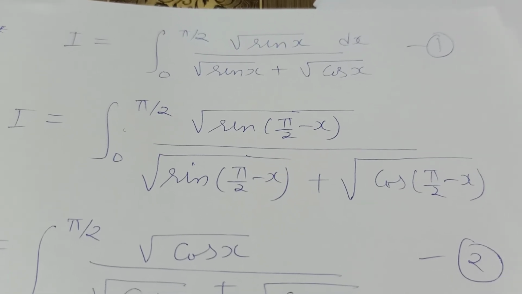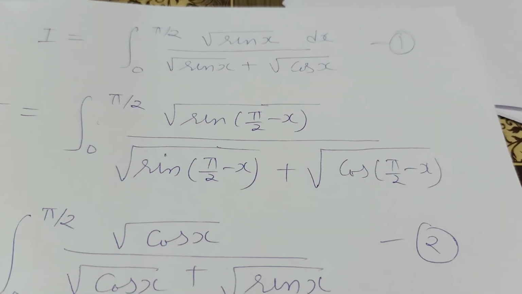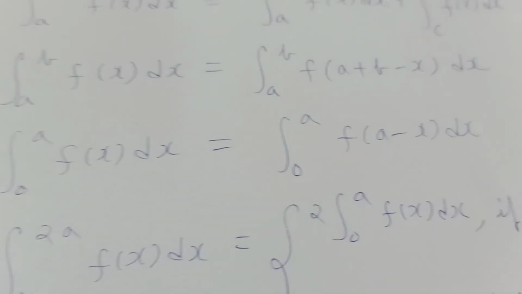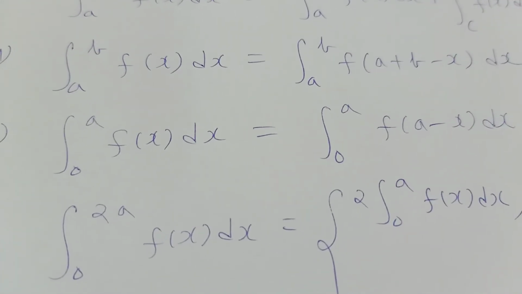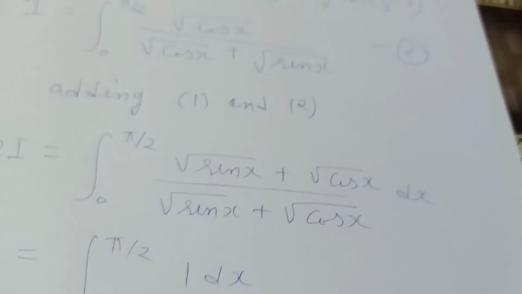So we will use our property, the fifth property that we discussed earlier. That is, the integral from 0 to a of f(x) dx equals the integral from 0 to a of f(a minus x) dx.